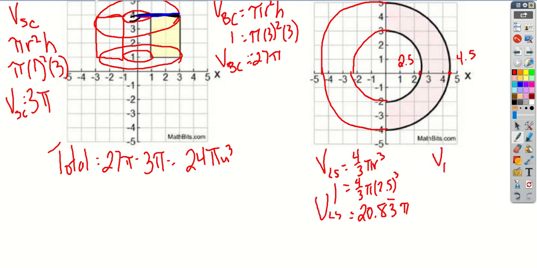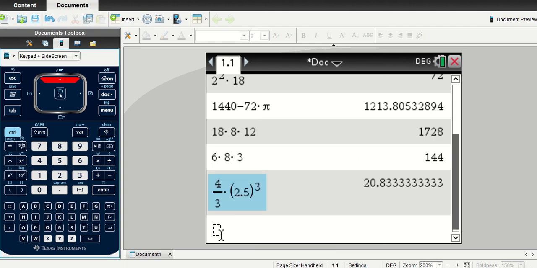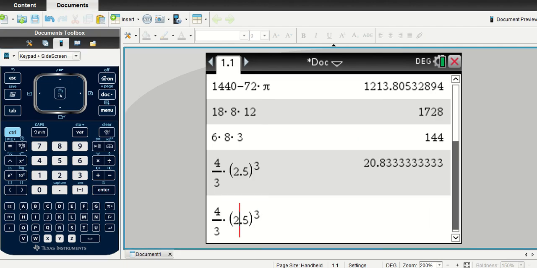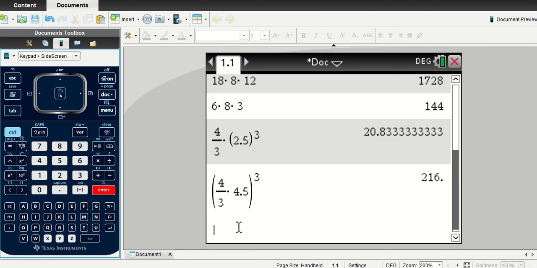And then we have the volume of the bigger sphere. Same thing, this is 4/3 pi, and this time it's times 4.5 cubed. So I'm just going to go up and highlight the last question and change this from 2.5 to 4.5.